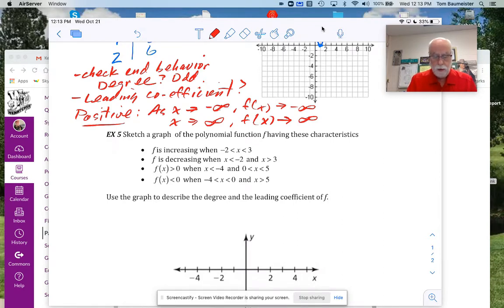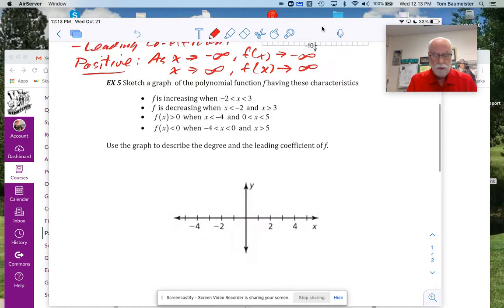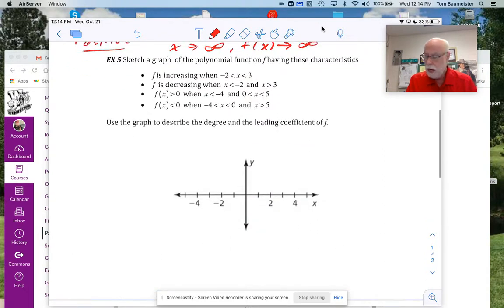F of x is greater than 0 when x is less than -4 and when x is between 0 and 5, and f of x is less than 0 when x is between -4 and 0 and x is greater than 5. Then use the graph to describe the degree and the leading coefficient of f.